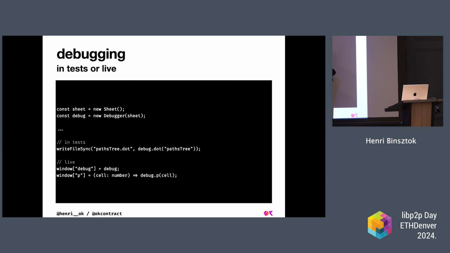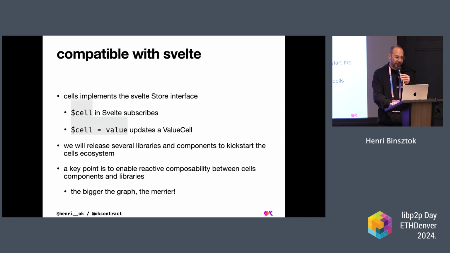One key thing is to print the value of a cell and print the dependencies both ways. It's very useful to inject P, so you just type P and a cell number, because all cells have a unique ID, which are fresh numbers that just keep increasing.